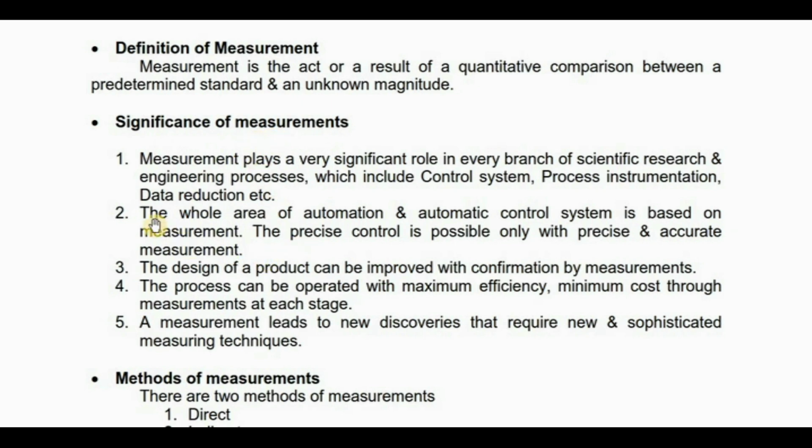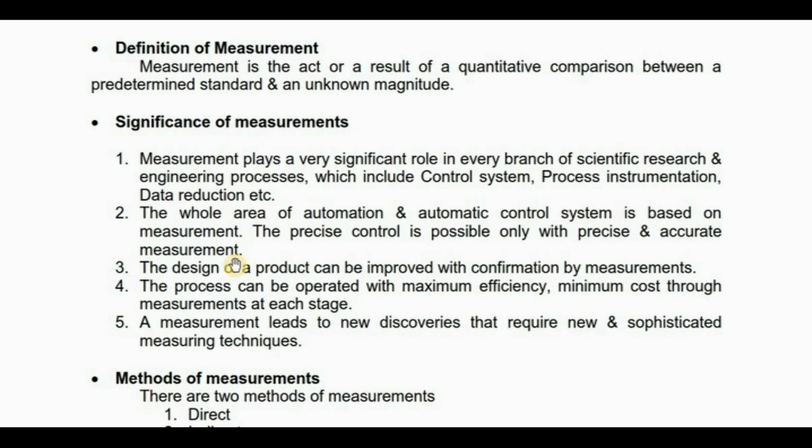Next, the whole area of automation and automatic control systems is based on measurement. Precise control is possible only with precise and accurate measurement. Suppose you want a particular system to be operated automatically, or you want to design a system which can be controlled automatically.